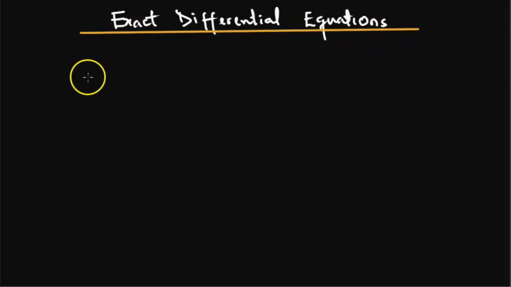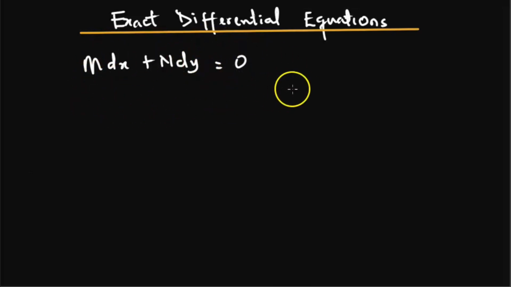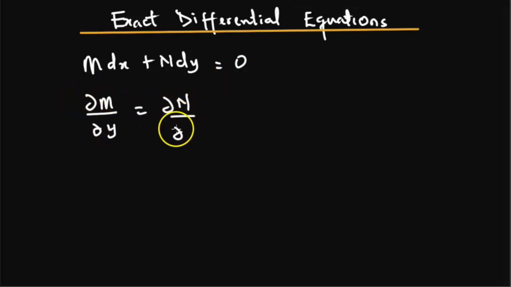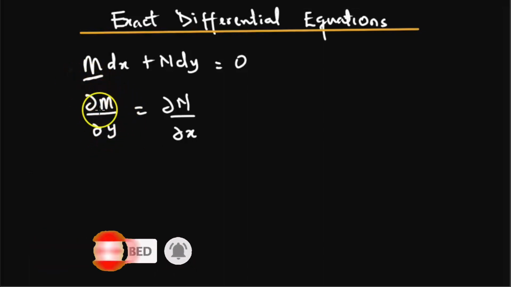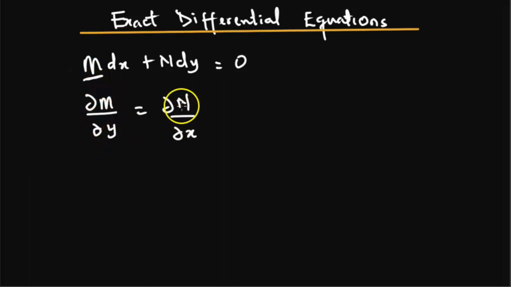When you are given a differential equation in the form M dx plus N dy equals 0, this equation is said to be exact if ∂M/∂y equals ∂N/∂x, where ∂M/∂y is differentiating M partially with respect to y, and ∂N/∂x is differentiating N partially with respect to x.